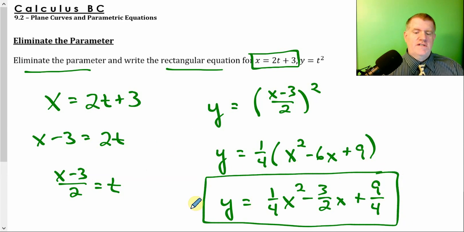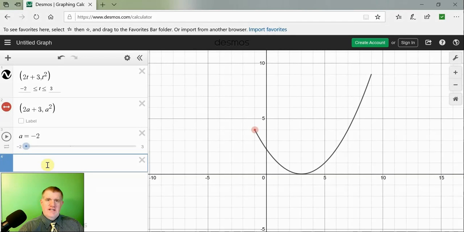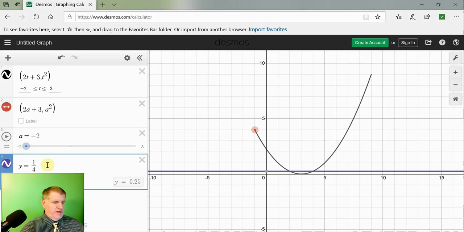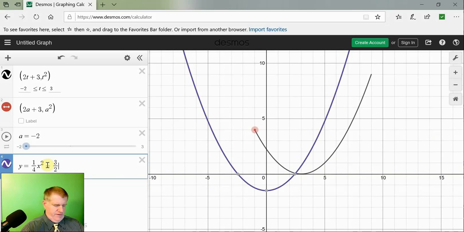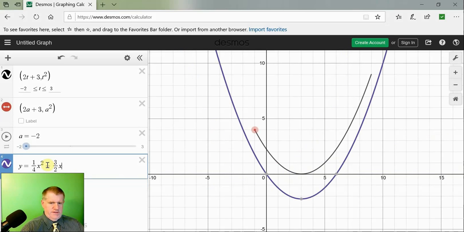Now, is that accurate? Is that correct? I don't know. I'm going to take it back to Desmos now, and let's take a look at it. So let's test that equation and see if it works. So what we have is y equals 1/4 x squared minus 3/2 x. Oh, it's looking good.